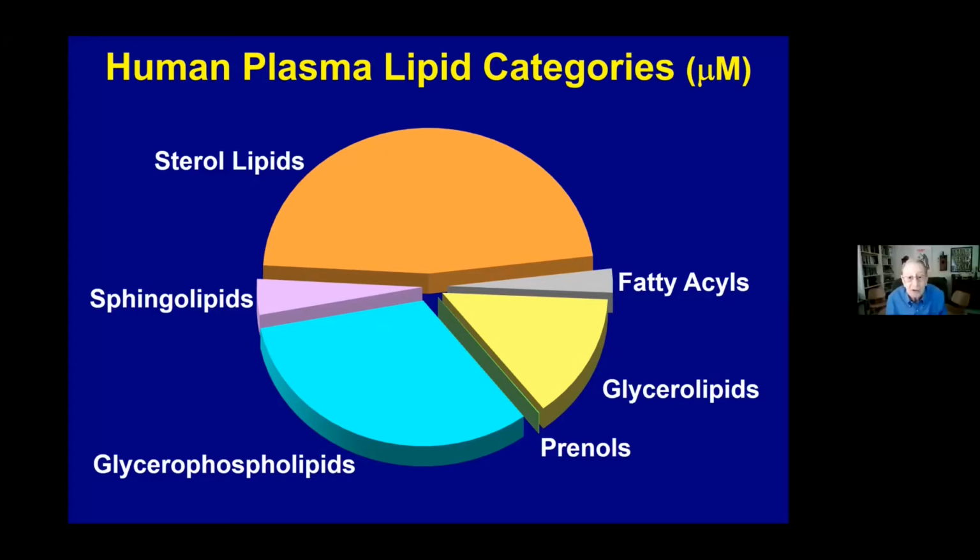Those are shown here. And of these 6 categories in human plasma, about half the metabolites are sterols, as Bill Griffith spoke about. The other 5 categories comprise the other half of the lipids in human plasma, as listed here, roughly in proportion to the numbers of them. Now, the smallest little slice of the pie is fatty acyls, and that includes fatty acids and eicosanoids. And that little slice of the pie is what I have been asked to address today.